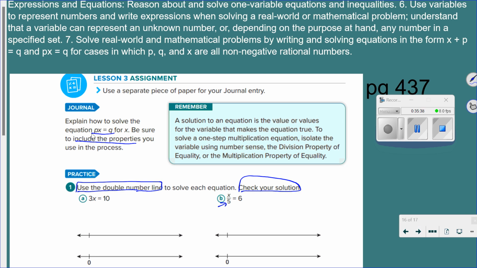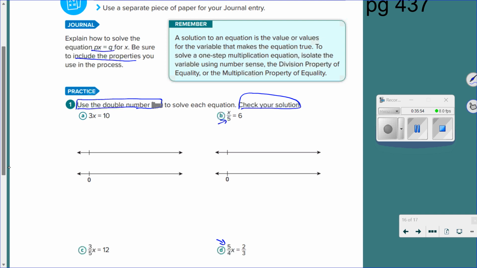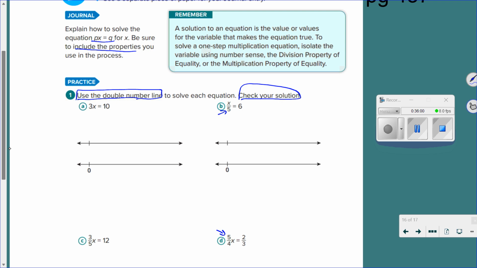Use our process. Circle your variable. Show me what property I'm using to get the variable by itself. Number one has several parts to it. In all the parts, you're using the double number line to solve, and then you're checking. The coefficient is your key for how many lines I need.